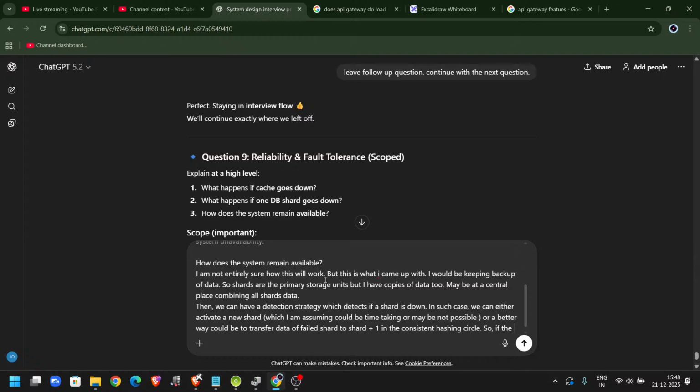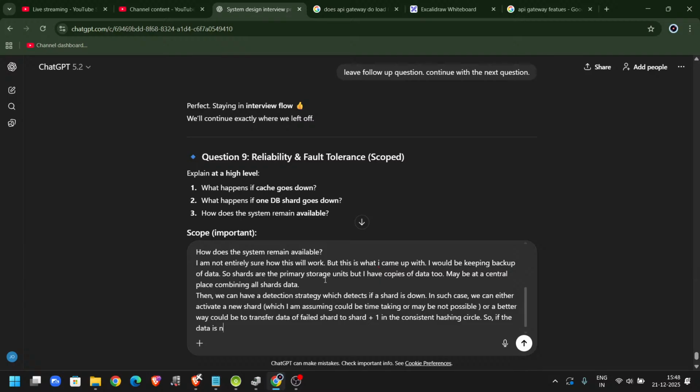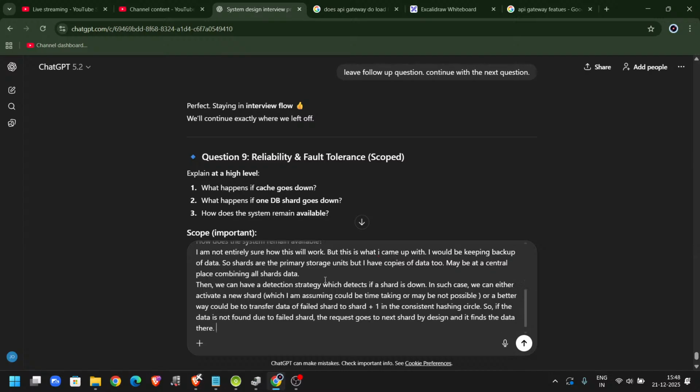So if the data is not found, or due to failed shard, the request goes to next shard by design, and it finds the data there.